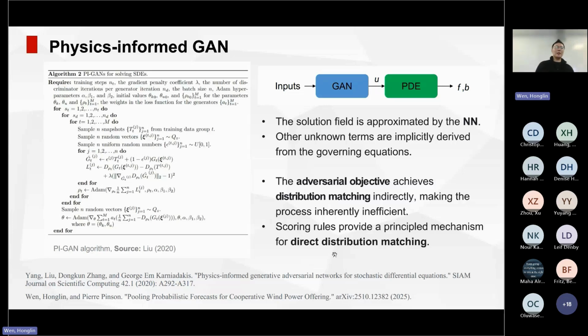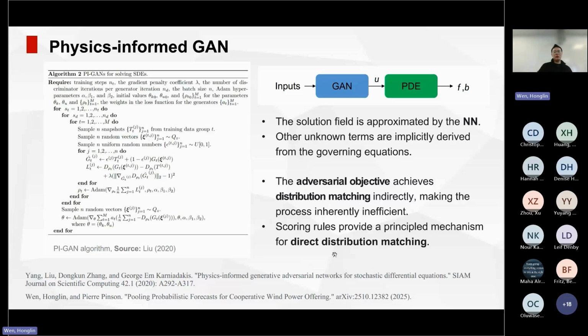But as I mentioned just now, the tricky thing is the adversarial objective. You need to train the generator and the discriminator in an adversarial way, so most often it's very unstable.